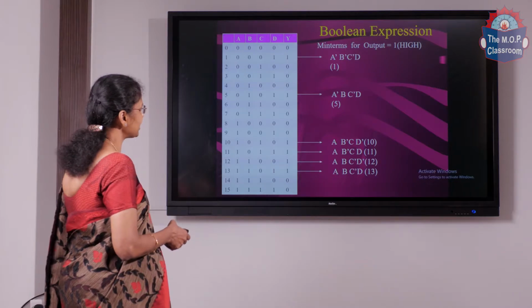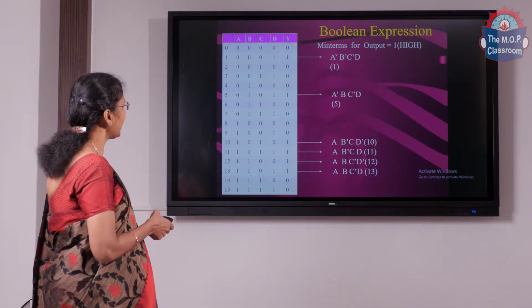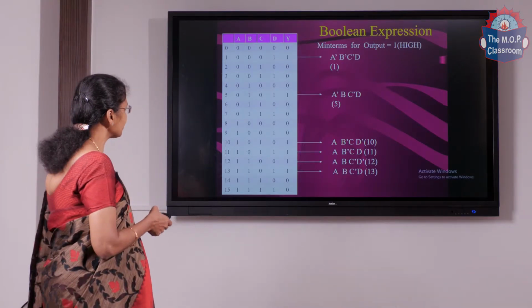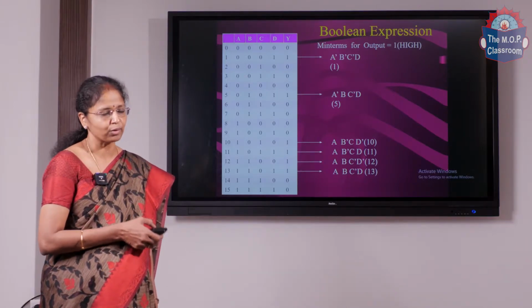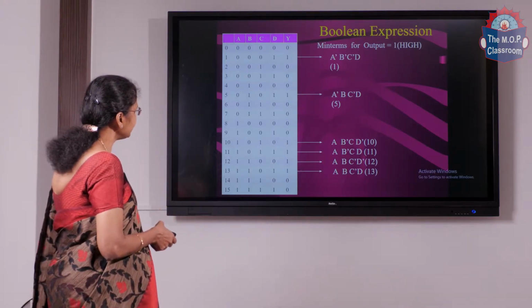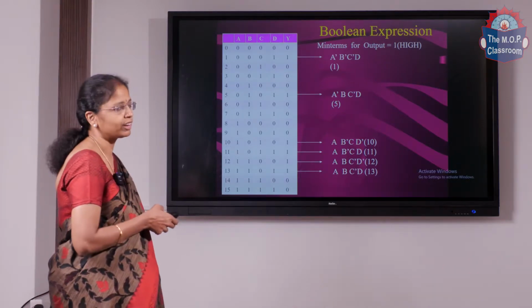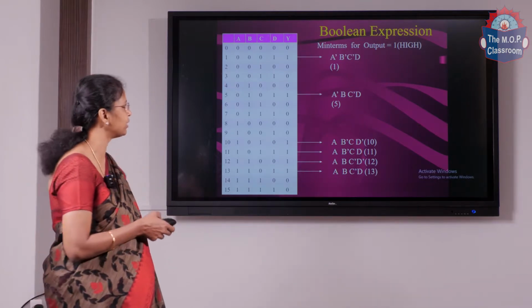In the truth table, we have the input variables A, B, C, D. The product of these variables is the fundamental product, and here we represent each variable in 2 different forms: one is the complemented form, the other is the uncomplemented form.